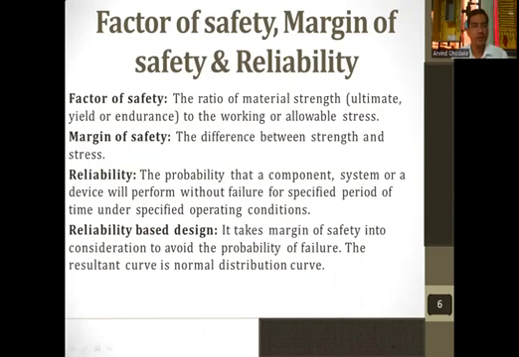Next is reliability-based design. It takes the margin of safety into consideration to avoid the probability of failure. The resultant curve is a normal distribution curve. Such a design is called a reliability-based design.